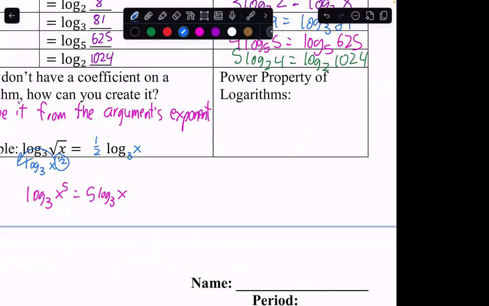Okay, so finally, in symbols, if you have b log base a of c, you could also express that as the log base a of the argument c to the power of b.